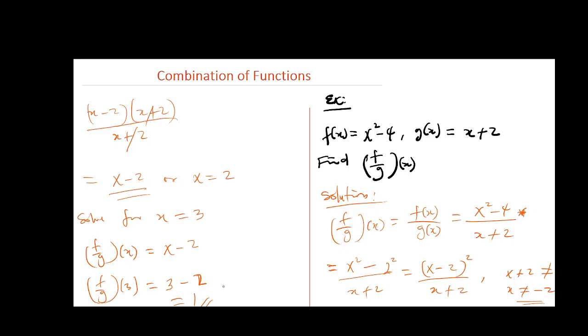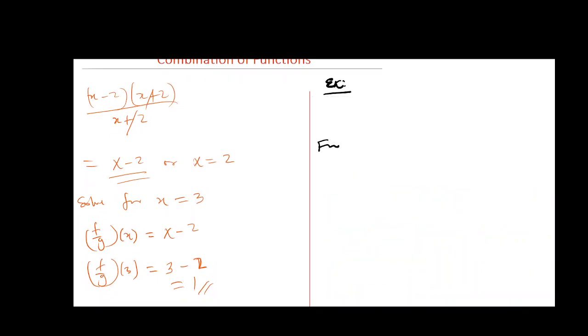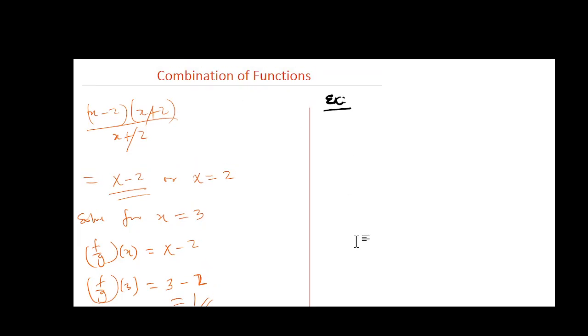But we can check to see if that is correct. Let's check and see.